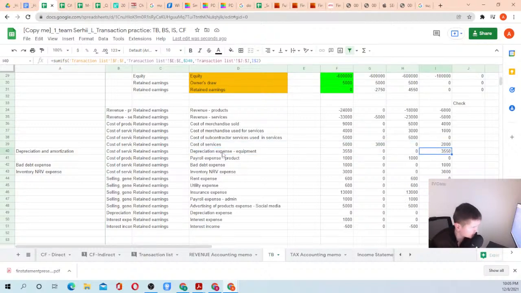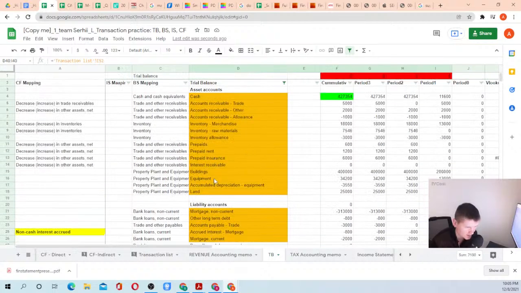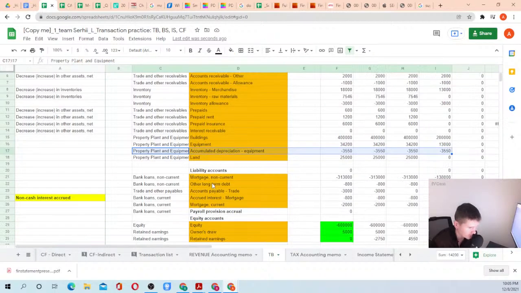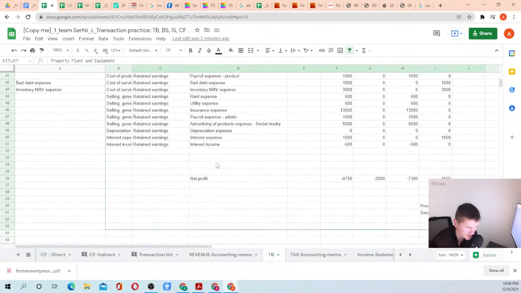So these are two different accounts. When we make an entry for depreciation, we debit the expense account, the one in the income statement, and we credit accumulated depreciation. So we accumulate depreciation under that header. Were you asking about these two? So the one is a balance sheet account and the other one is income statement account.